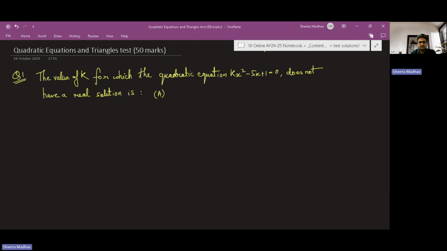The first option is 0. Option B is 25 by 4. Option C is 4 by 25. Option D is 7.